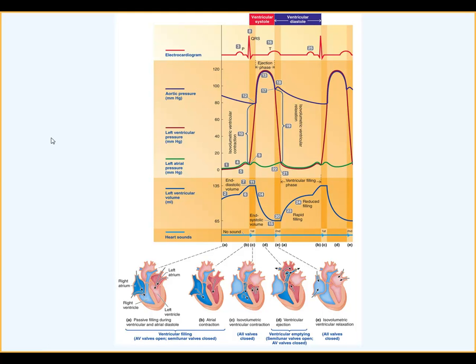So, yes, we have this very complicated graph, because as you can see, it's piling in the EKG, the aortic valve, the left ventricular pressure, the aortic pressure, left atrial pressure, and then the volume in the left ventricle and the heart sounds, all of them in one graph. Now we need to dissect that one stage at a time.